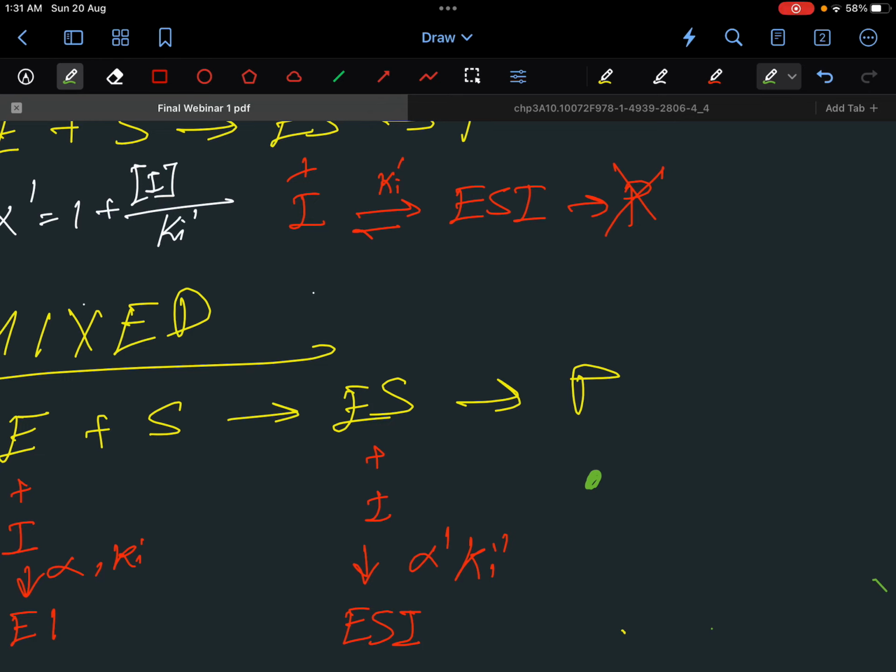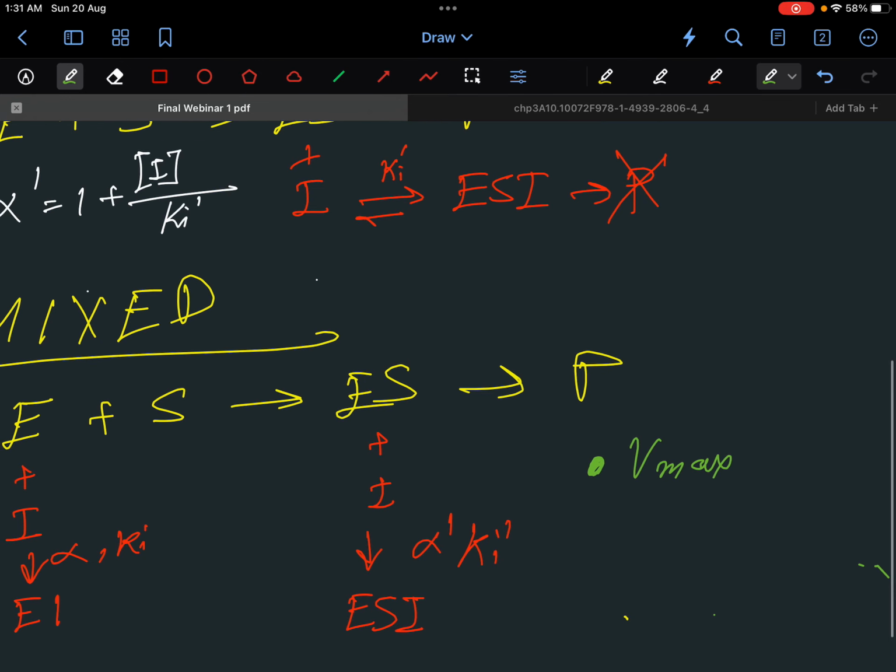Vmax is a property of the total concentration of the enzyme, as I told you in the previous slide. So by adding inhibitor, the Vmax is not changing. The concept is Vmax will never increase. Vmax can decrease or stay constant.